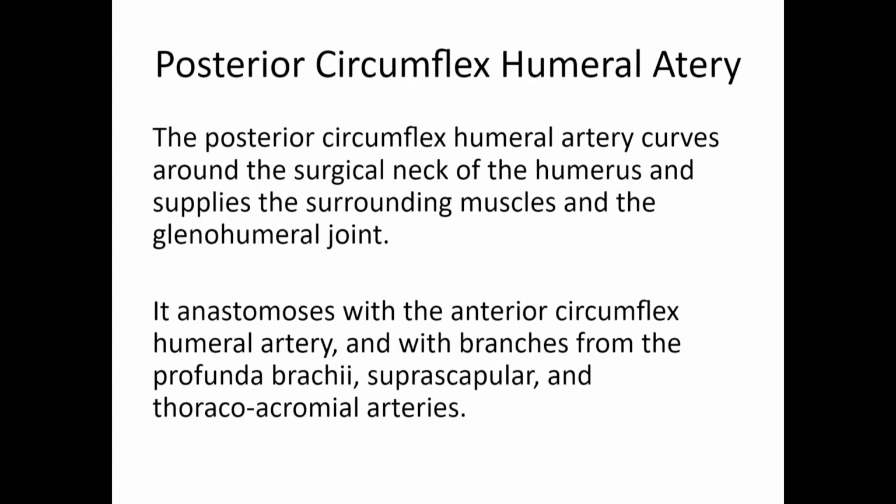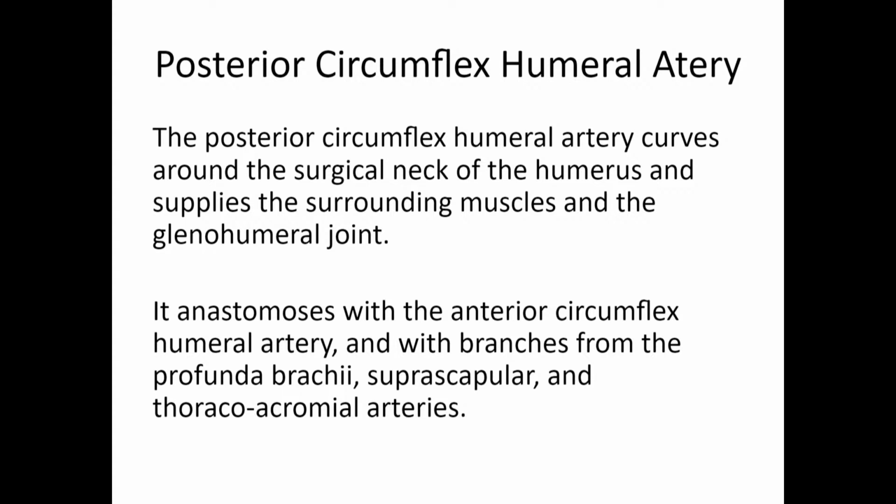Now let's talk about the posterior circumflex humeral artery. The posterior circumflex humeral artery curves around the surgical neck of the humerus. If you know, we have the anatomical neck of the humerus, and beneath that we have the surgical neck of the humerus. The posterior circumflex artery curves around the surgical neck, and I'm highlighting that because it is really important for surgeries. It supplies the surrounding muscles, which I already mentioned, and also the glenohumeral joint.